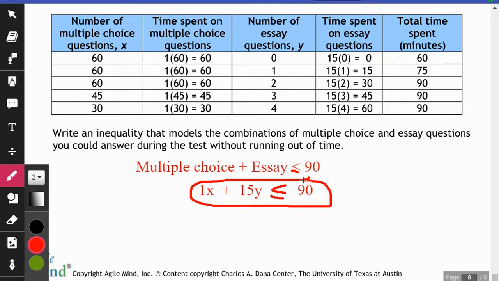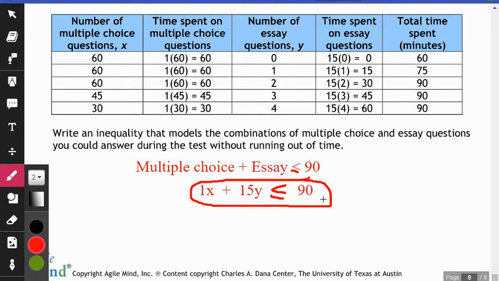That's what we're looking for. So you could do one of each, and you'd have plenty of time left over when you quit. You could do two of each. But when you get to a certain point, these two things can't add to make more than 90 minutes. And that's how we get a limit on what we're doing. So you couldn't do more than 6 essay questions because you wouldn't have any time left. And you couldn't do any more than 90 multiple choice.